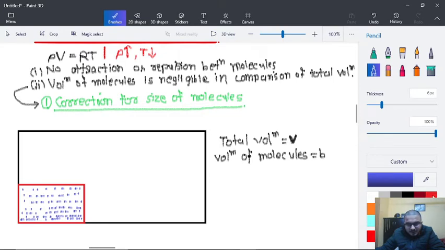So this will be b. We have assumed that all molecules have gathered into a corner to get the idea of the volume b here, and so the space which is actually available for movement of molecules is V minus b.